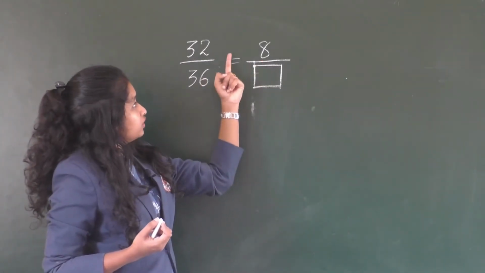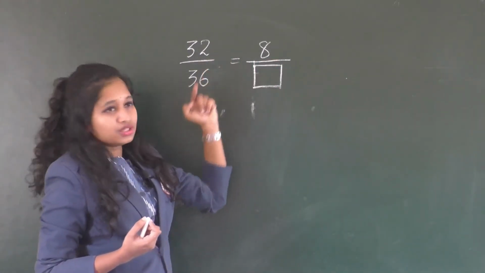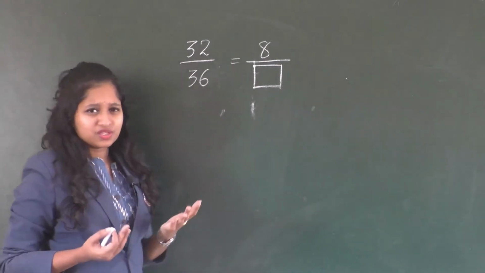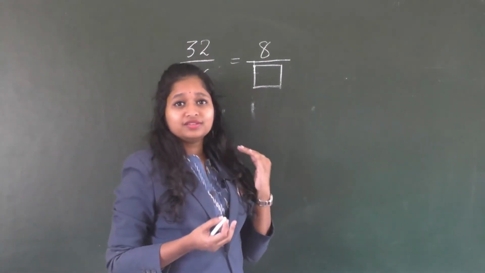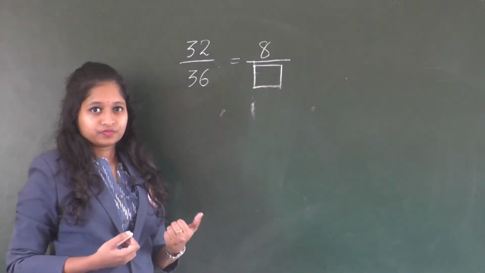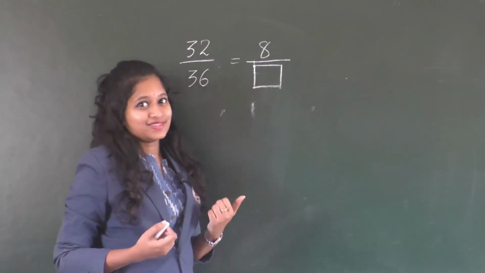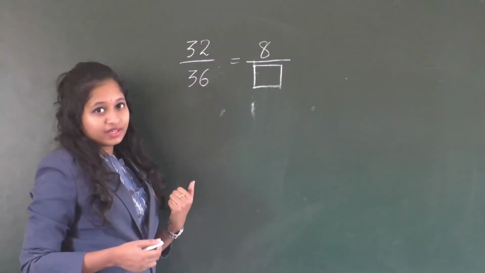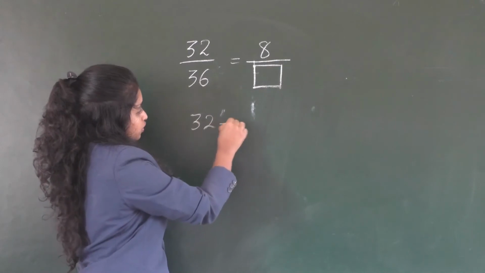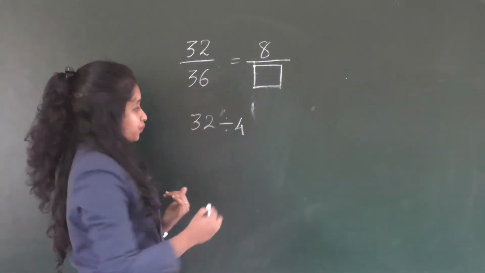Here, we have 8, which is smaller than 32. That means, we have to divide 32 by a number so that we get 8. So, with what should we divide? Yes, if you divide 32 by 4, we would get 8.